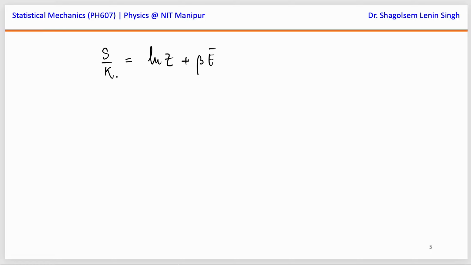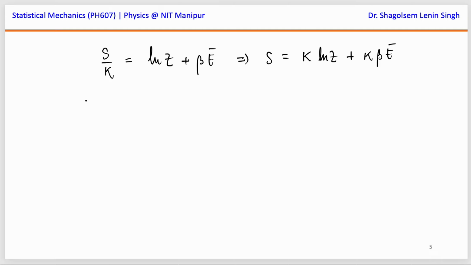So this is nothing but S equal to k times log Z plus beta E bar.